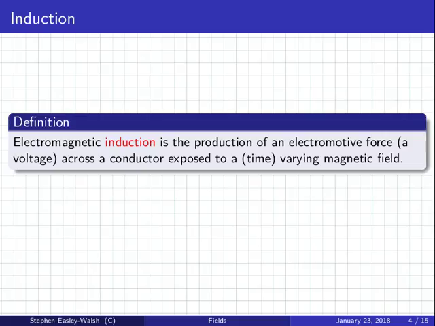Electromagnetic induction is the production of an EMF, a voltage, across, so that means over, a conductor by using a changing magnetic field that changes over time.